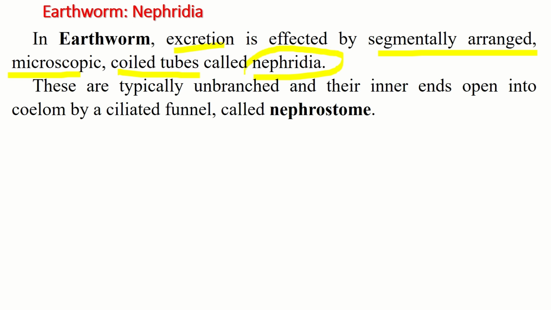These nephridia are typically unbranched and their inner ends open into the coelom by a ciliated funnel called the nephrostome. The opening of the nephridia is called a nephrostome. So the nephridia are the excretory organs of the earthworm.